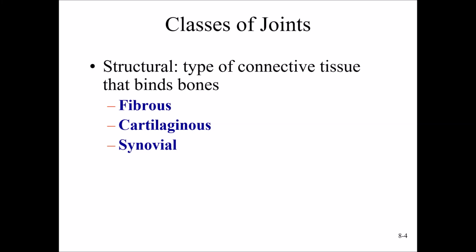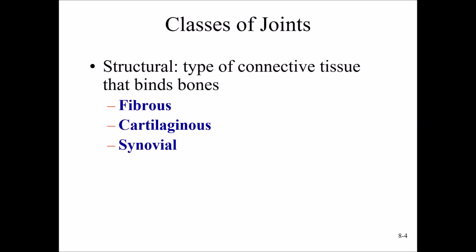When we talked about connective tissue, we talked about cartilage, and we looked at different types of cartilage. Here you've got two examples of joints that differ based on what kind of cartilage is found there. We have fibrous, cartilaginous, and then, like I said, synovial is almost like a category by itself.